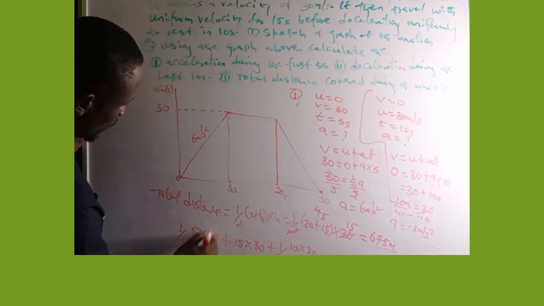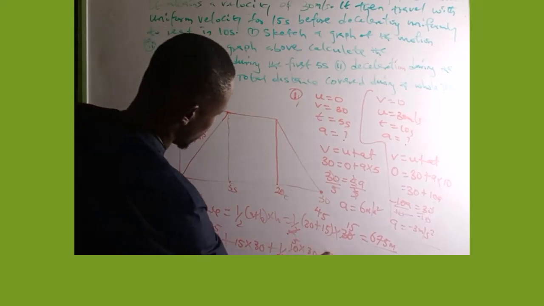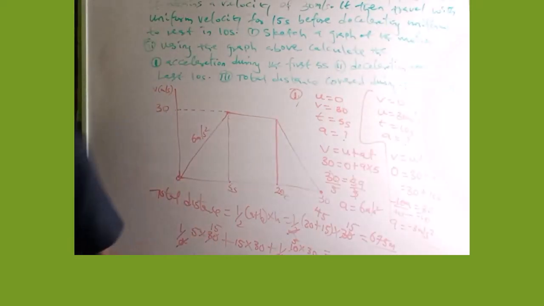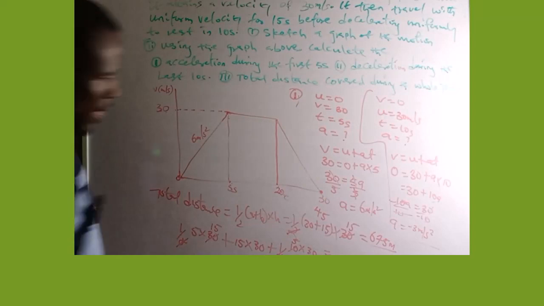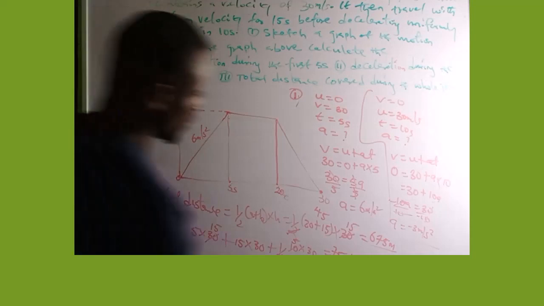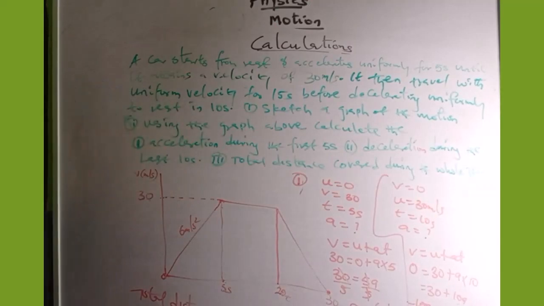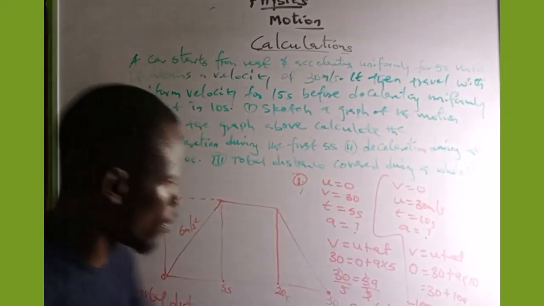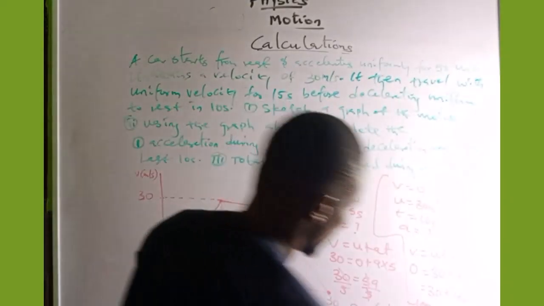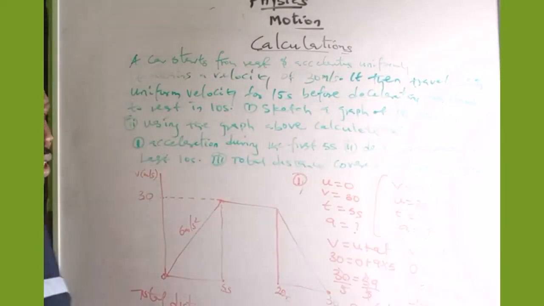If 2 cancels here, is 15. 2 cancels this, 10 is 5. So this is equal to 5 times 15, is 75. 15 times 30 is 450 plus 5 times 30, 150. 150 plus 450 plus 150 is 600, is it not? Plus 75, that is 675 meters. So it's the same thing. So the answer is 675 meters.